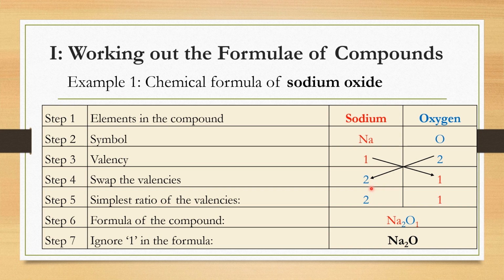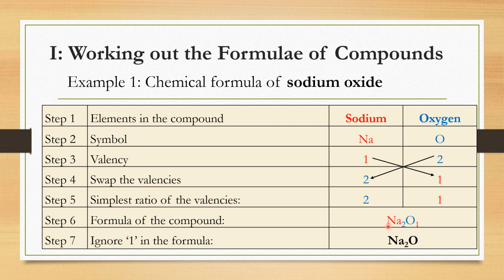The ratio of sodium atoms to oxygen atoms in sodium oxide is therefore 2:1. Then you determine the simplest ratio. Here 2:1 is already the simplest ratio.